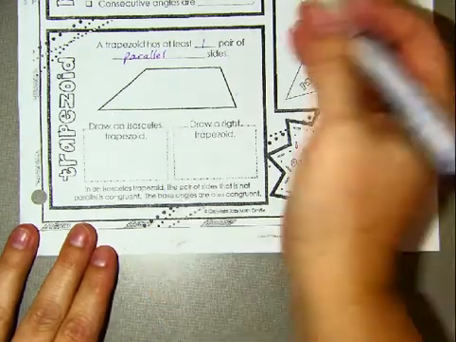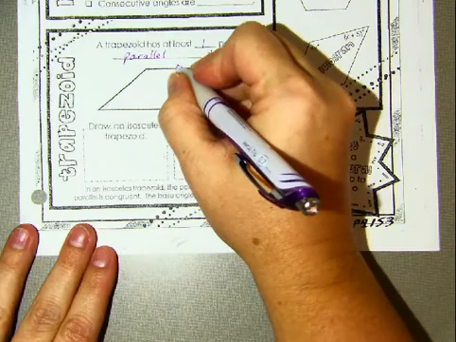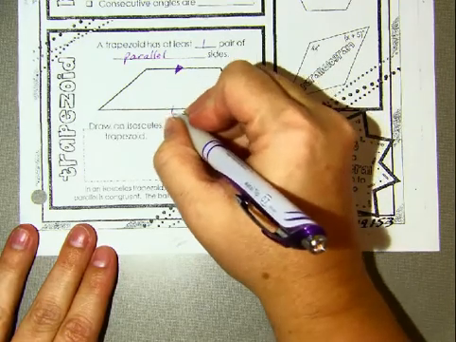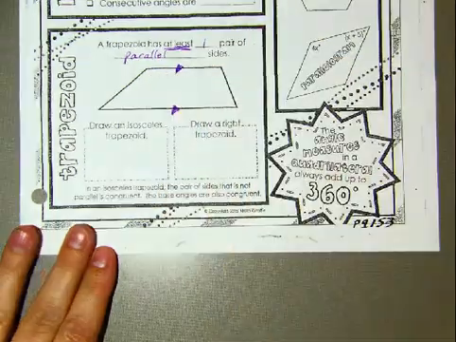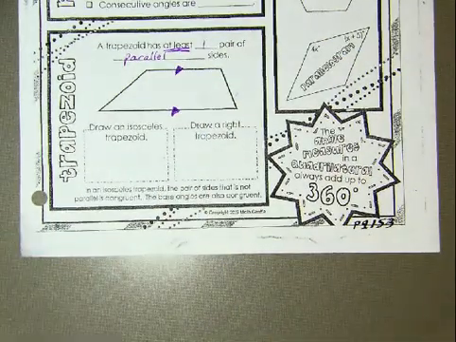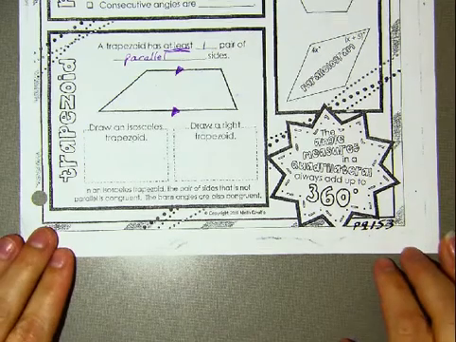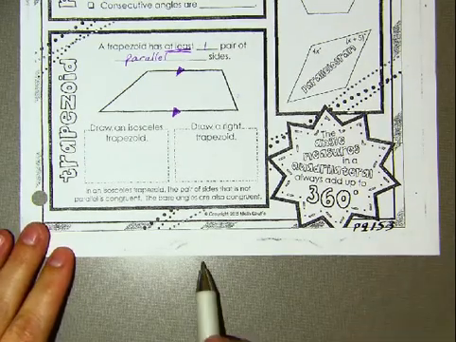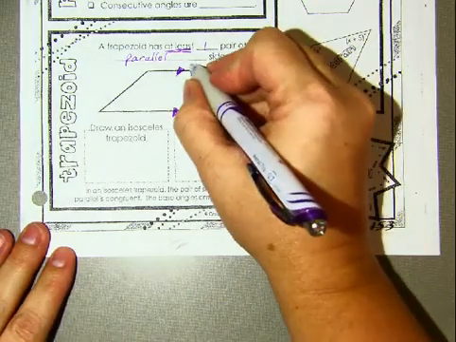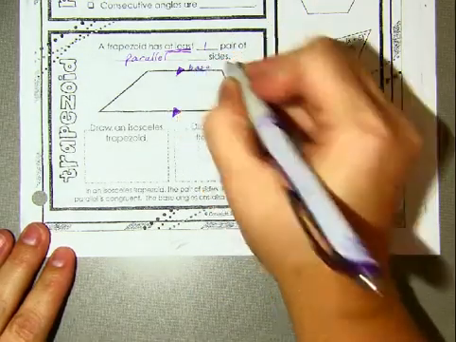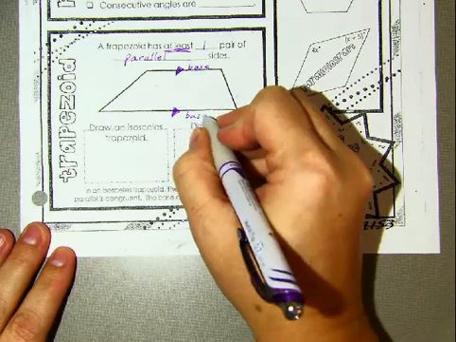Okay, so we're going to go ahead and mark our parallel sides here. Just keep in mind that this says at least, not exactly. So we could have more. All right. So then other things on here, when we're talking about a trapezoid, we have what's called a base, and we actually have two of those.